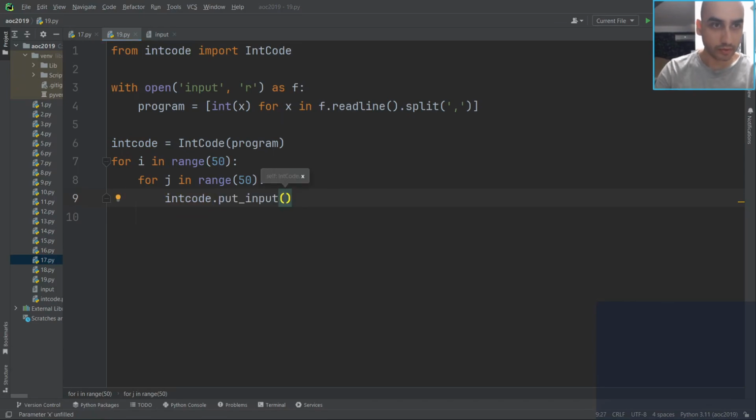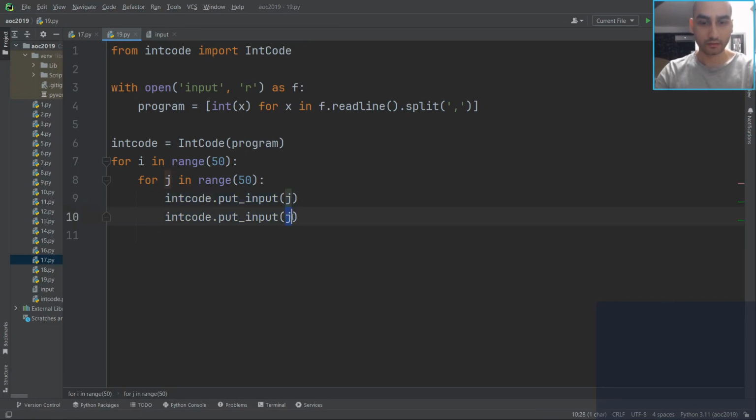So how do we put the inputs? X and Y. X being the j value. And then separately we put the i value, which is the Y. And then what we get back is a 1 if it's a hash, 0 if it's stationary.